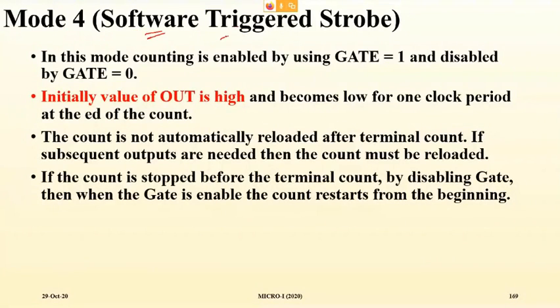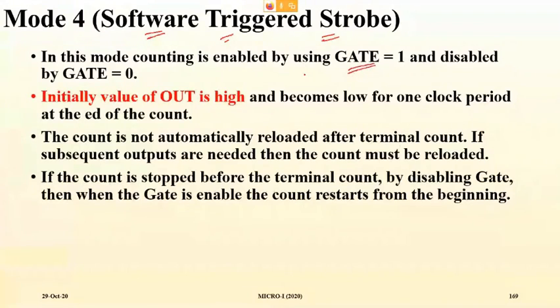There is no big difference between these two modes, mode 4 and mode 5. The only thing is how you are triggering the gate. Here the gate will be triggered using the software triggered strobe technique. Okay, in this mode, what are the things to remember?